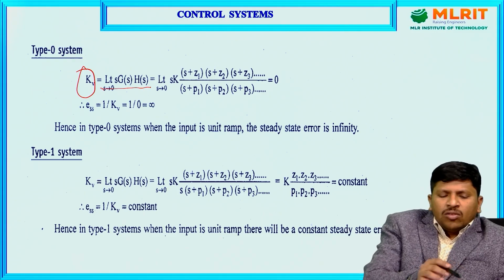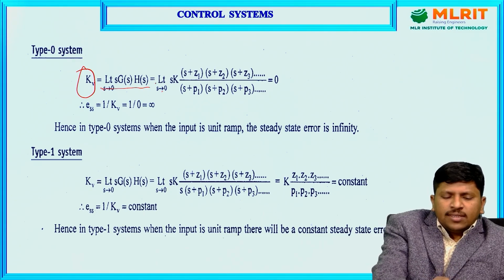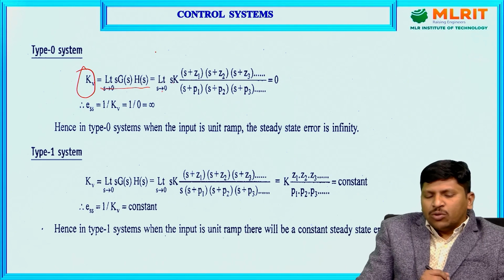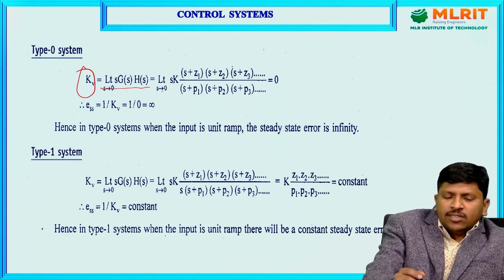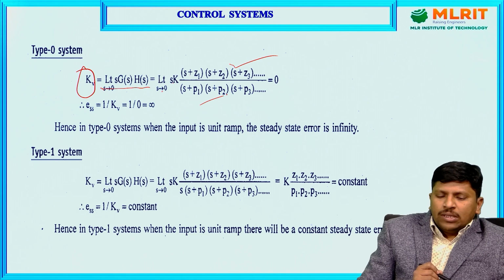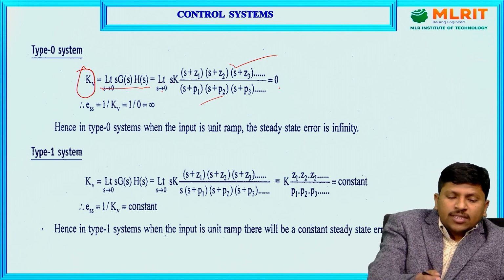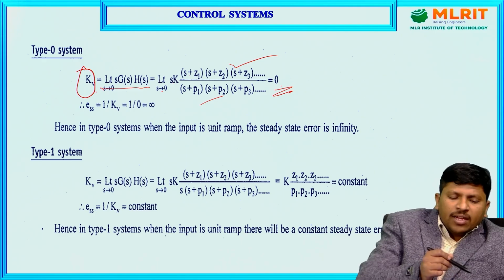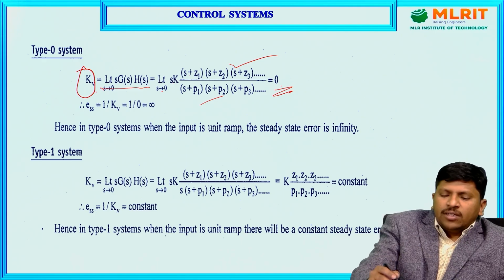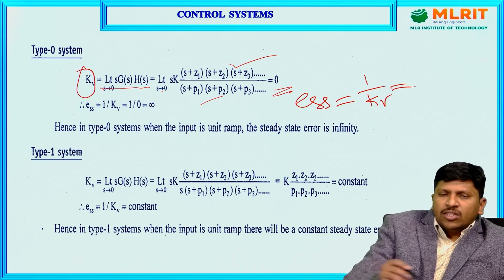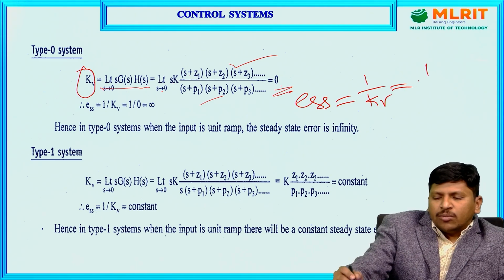Here s is there, so g of s into h of s, we know that K into s plus z1, all the zeros, and the denominator part is all poles. Substitute s equals 0, 0 into something is 0, so you will get Kv equals 0. For that, the steady state error equals 1 divided by Kv, that is 1 divided by 0, which is nothing but infinity.